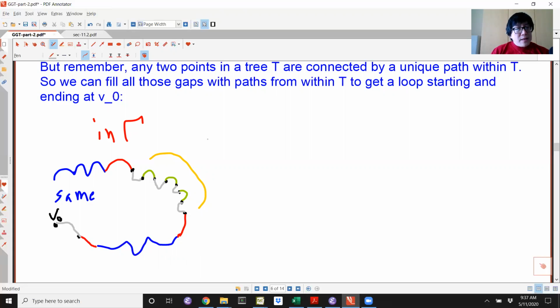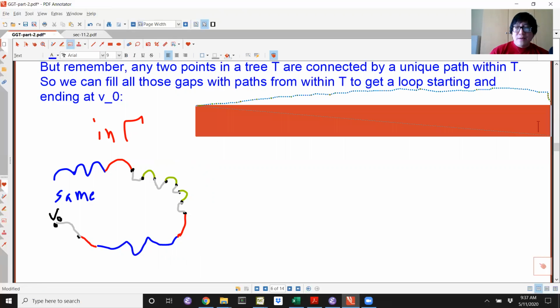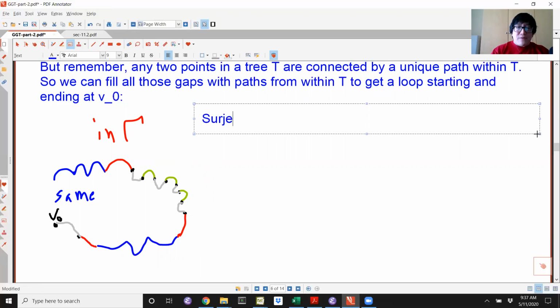Okay, and so that's it. That's all there is. It required 4 colors to do. It's a 4-color theorem. It required 4 colors to prove that part of the theorem. So indeed, surjectivity follows.